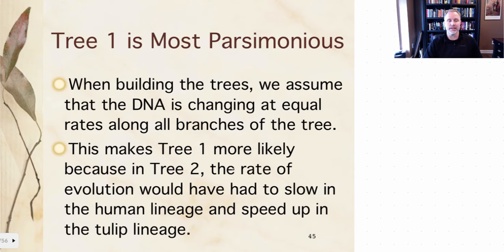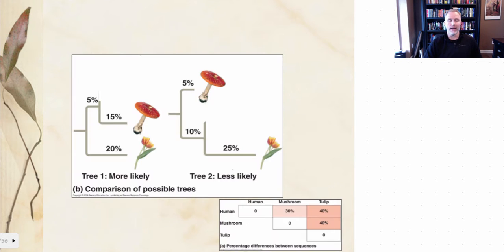Okay, and here's the explanation that talks about tree 1 being the most parsimonious or most likely, comparing those two together. If we look at the mushroom now and the tulip here, again, we've got 5 and 15, which is 20, and 20 is 40, and that's more likely than saying 5 plus 10 is 15 plus 25 is 40, because what we're saying is that the mushroom lineage slowed down as compared to the tulip lineage, and this is less likely.